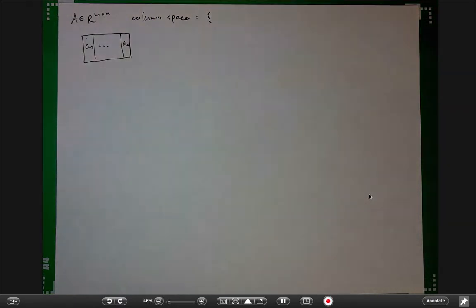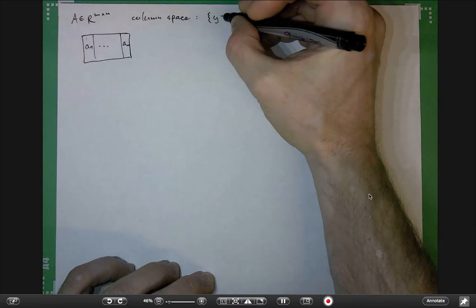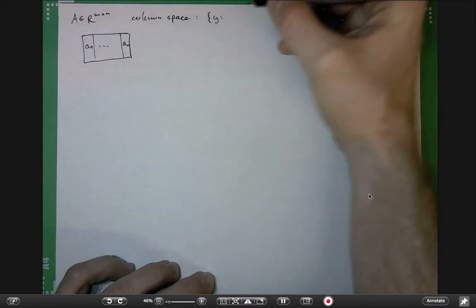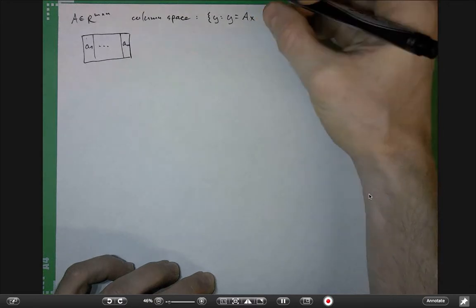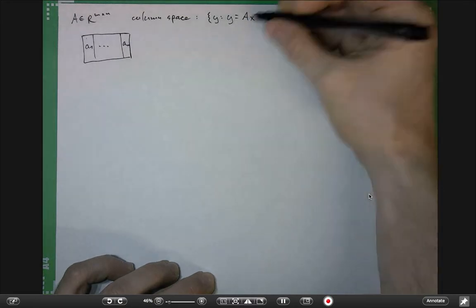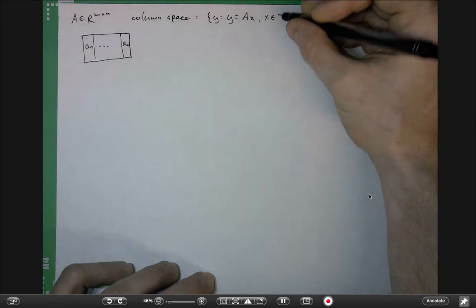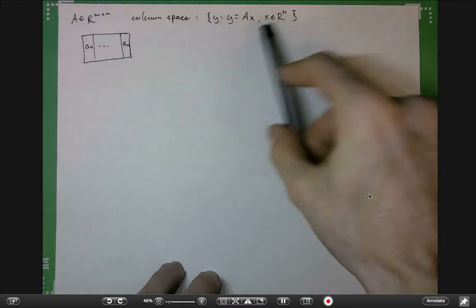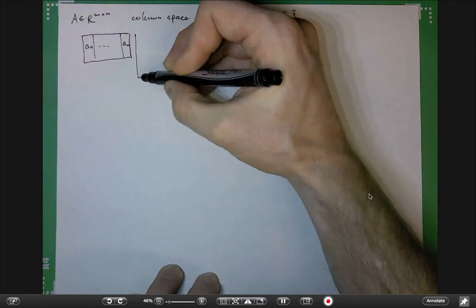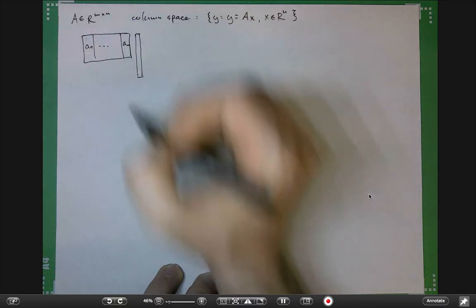Exactly, yes. And in matrix language, I can write it: they are all vectors y such that y is formed as Ax, right? And y is a result of multiplying A by x, where x is an arbitrary vector from Rn. So I take an arbitrary vector x, and that's exactly doing the linear combination of these columns.